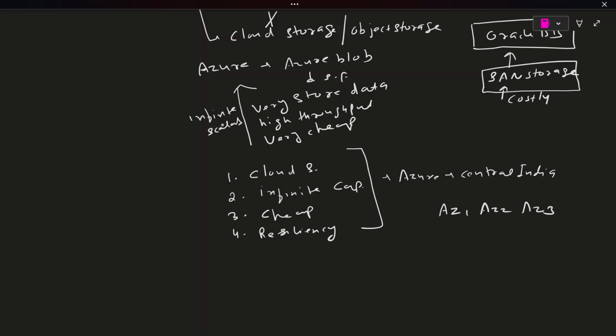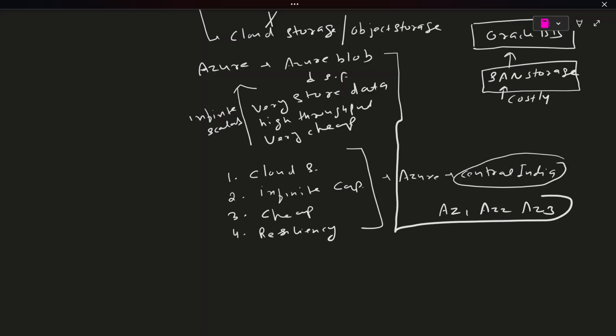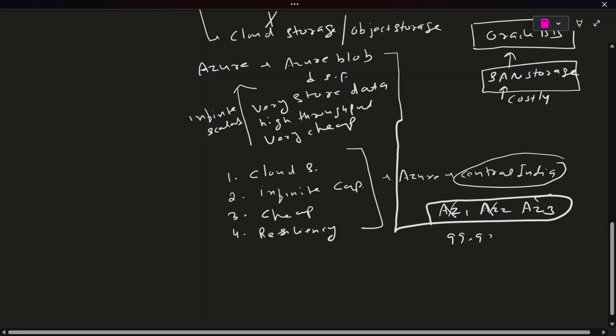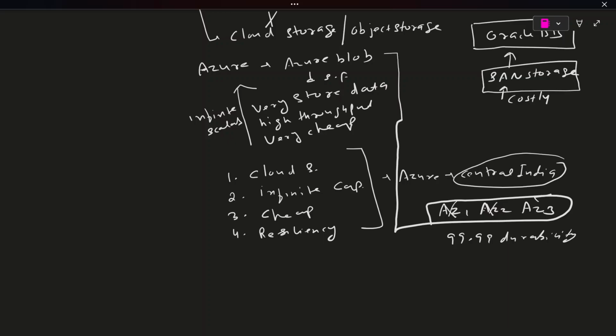When we choose this region for our Snowflake account, all this data sitting in Azure Blob Storage will internally be written to all three AZs, which makes it highly available and highly resilient. If one goes down, our data is still copied internally to the others. This is where we have the 99.99 durability concept from the cloud. Got it.